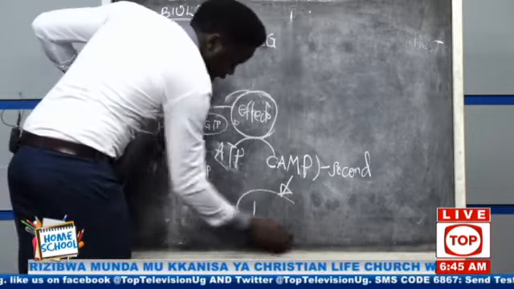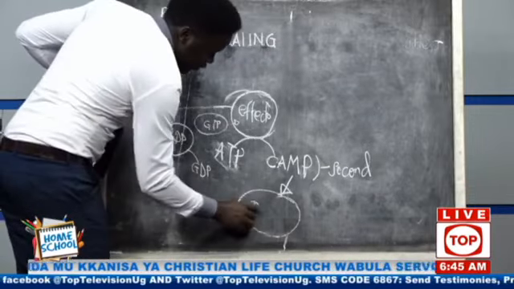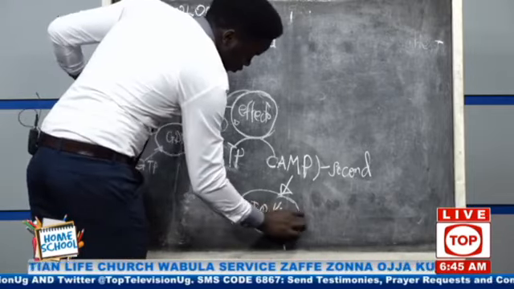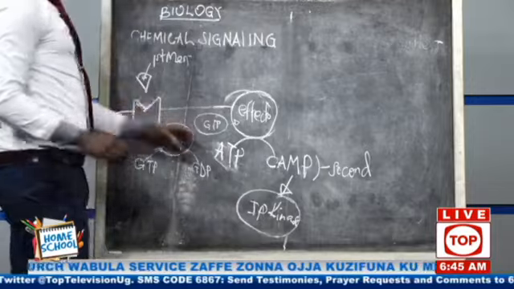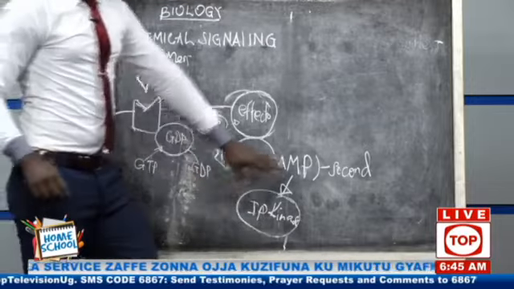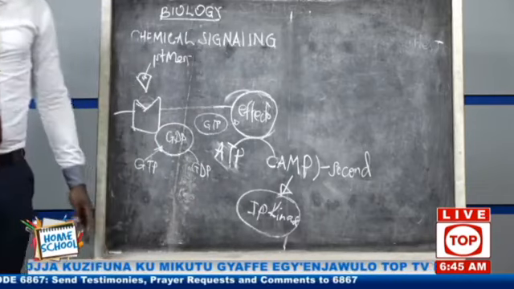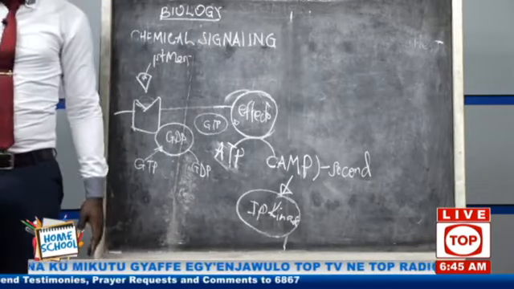So we have cyclic AMP activating inactive protein kinases, and these kinases, when they become active, set off a series of reactions that give us the response of the target cell.